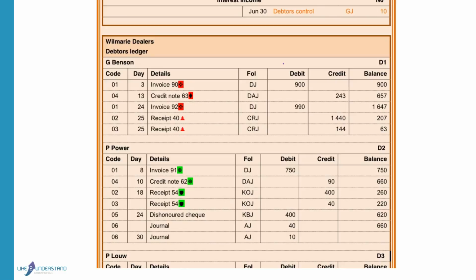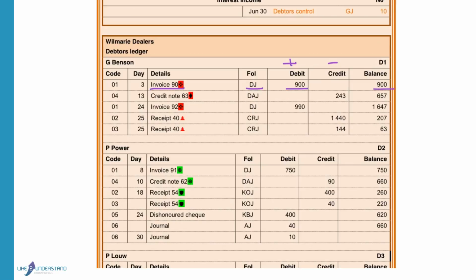Debtors increase on the debit side and decrease on the credit side. When we sell goods to them, we will record the invoice and the number, indicate that it was recorded in the debtors journal. When we sell goods, the debtor owes more money, so we will debit their account, and then their balance or outstanding amount will be 900 Rand.